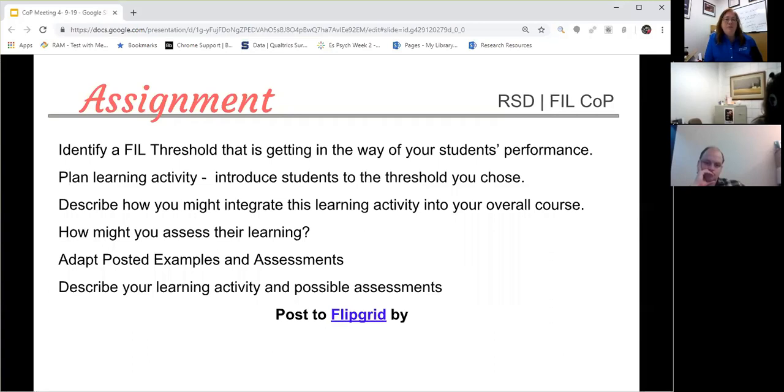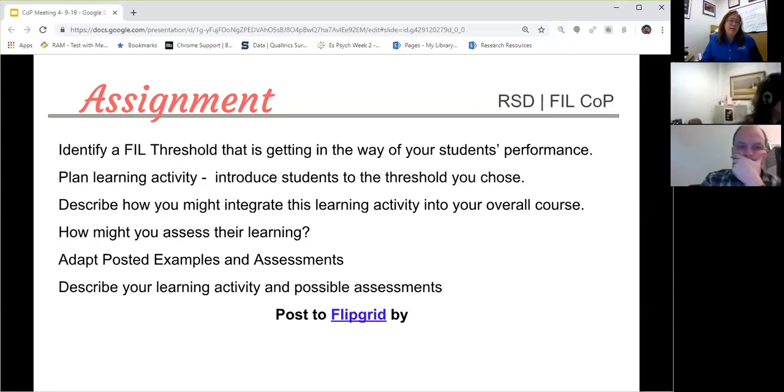We have a number of resources posted, so you can adapt some posted examples. After you've figured this all out, we're going to have you go to Flipgrid and describe your learning activity and possible assessments. So that is going to be your assignment.